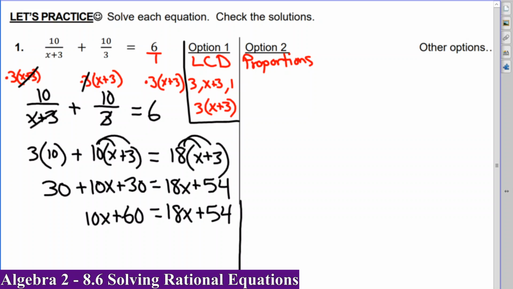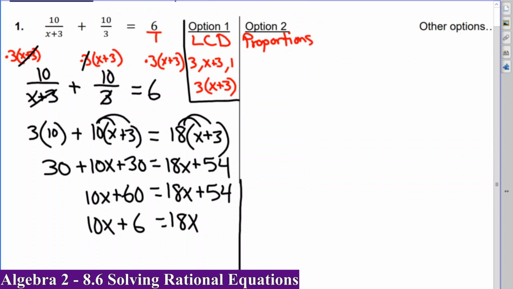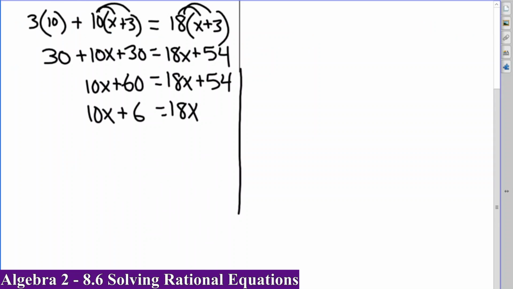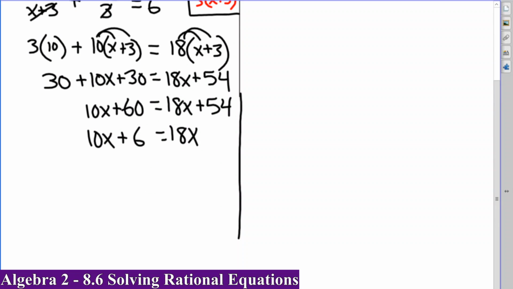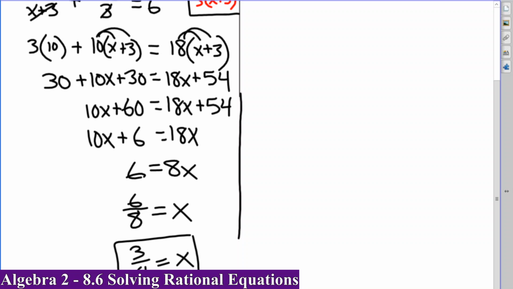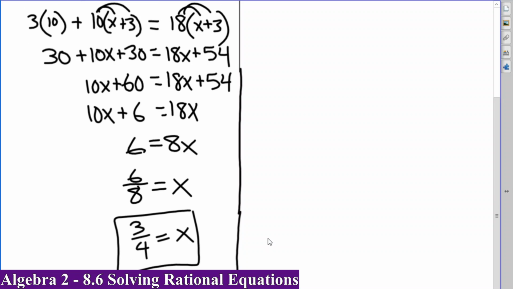Subtract 54 from both sides, then subtract 10x from both sides, and we get 6 equals 8x. So x is 6/8, which simplifies to 3/4. So that is one way we can solve it, using that least common denominator.